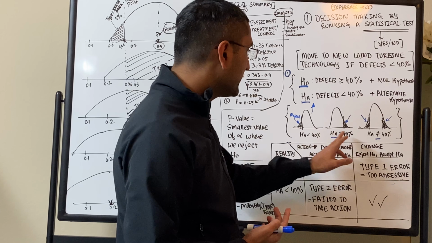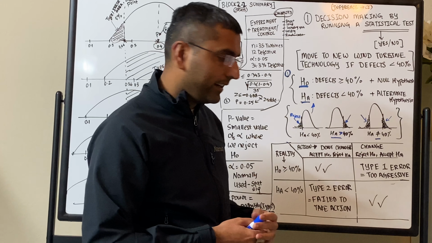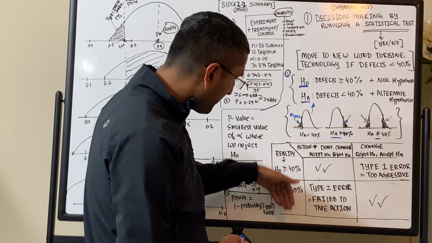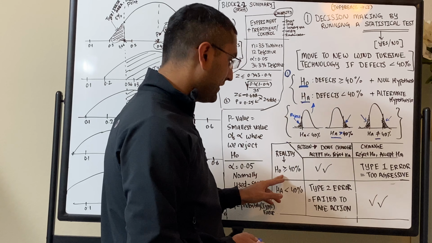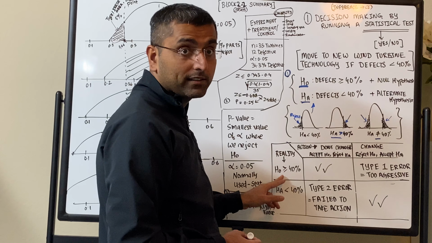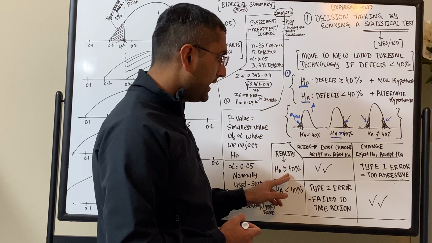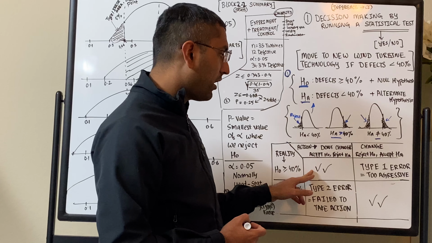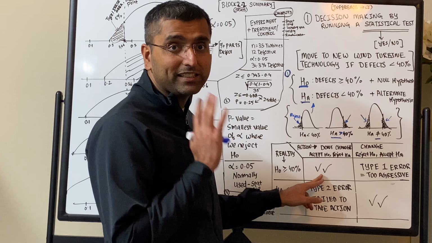So in any of these situations, when we reject, we could be making mistakes, right? So let's look at reality versus action taken. The reality is that your null hypothesis says defects greater than 40%. Let's say this was the reality. Then for you to stay where you are, which is to accept the null hypothesis and reject the alternate hypothesis, is to be sane.